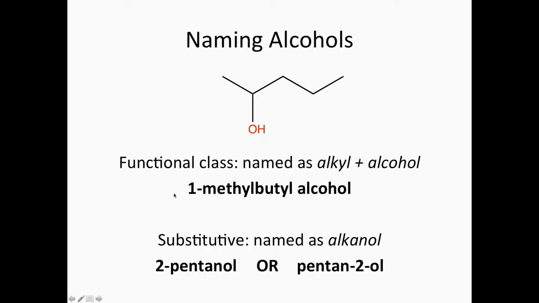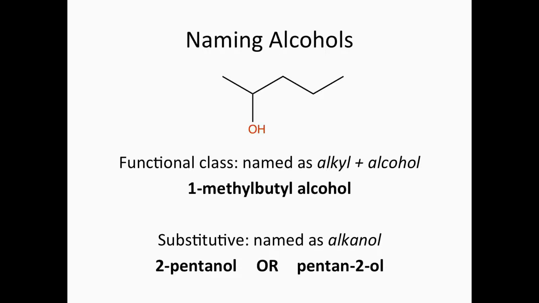Substitutive nomenclature for alcohols is slightly different. Generically, we name them as alkaneols, as you see here. Okay? What that means is the name begins with the name of the straight chain alkane of the same length as the alcohol, except we remove the E from the end of that name and replace it with the letters OL to indicate the presence of the alcohol functional group.